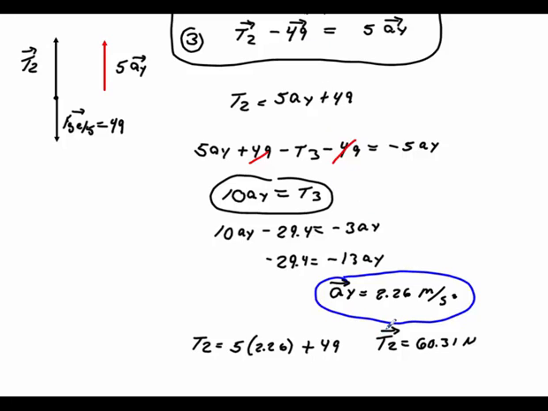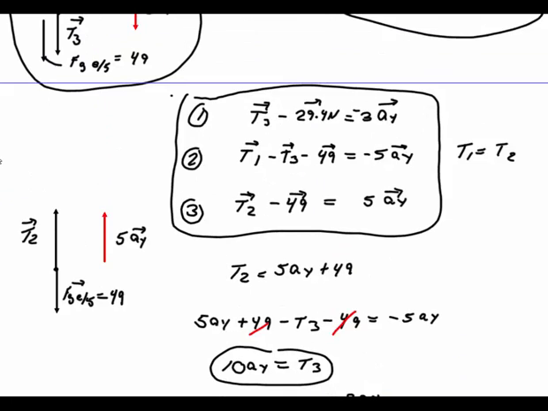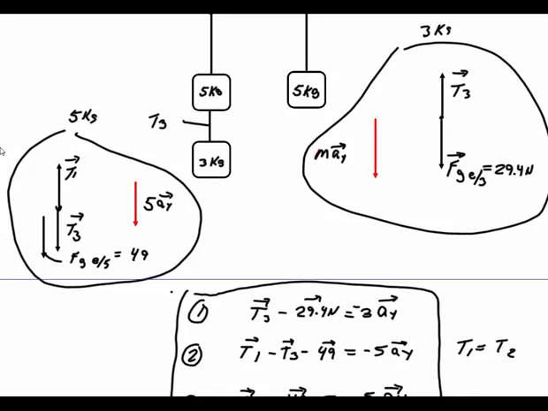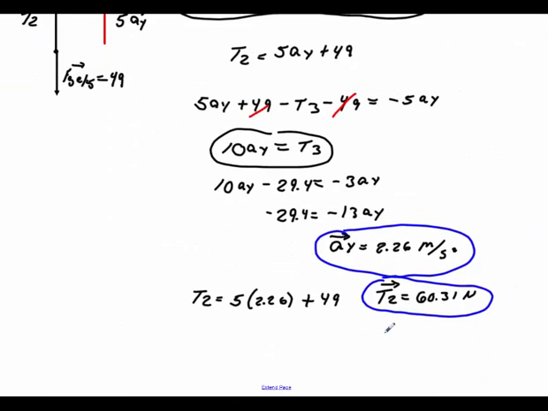So we have that one. And now we know that T1, well, we say T1 is equal to T2. So we also know that T1 is equal to 60.31 newtons.